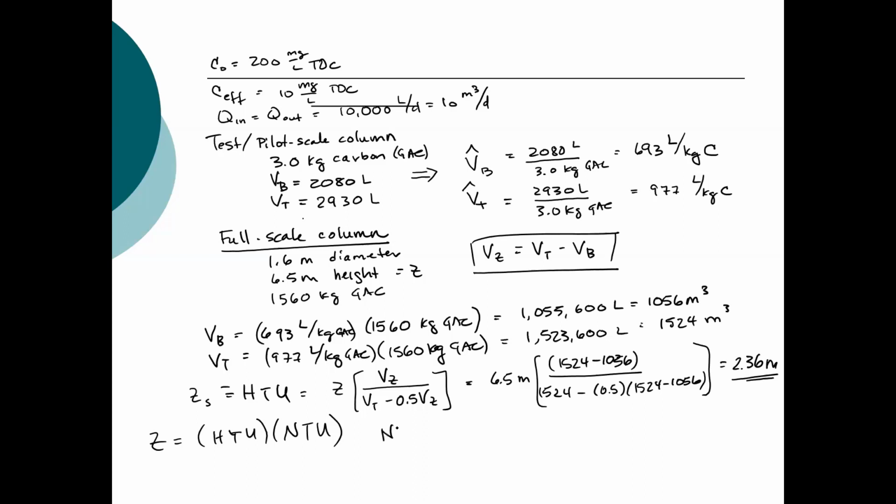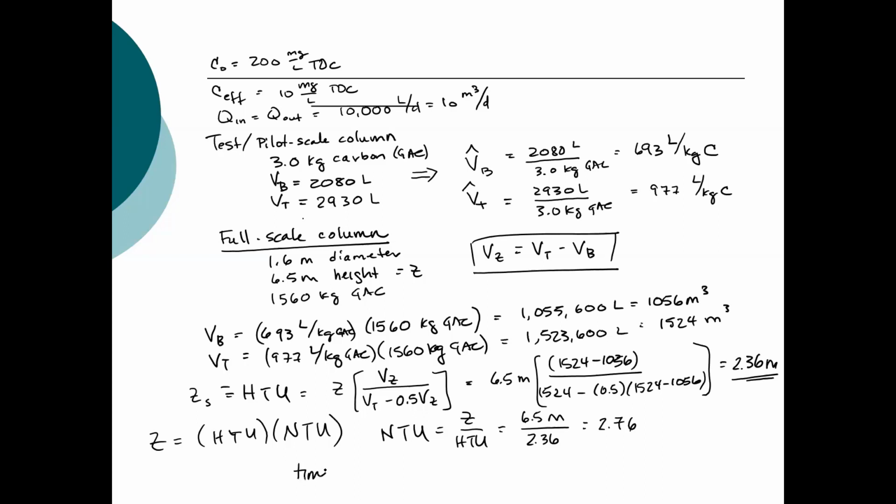So the number of transfer units is equal to Z, which was the height, divided by the height of the transfer unit. So that is equal to 6.5 meters divided by 2.36, and that is equal to 2.76. So this column contains roughly 2.8 transfer units.